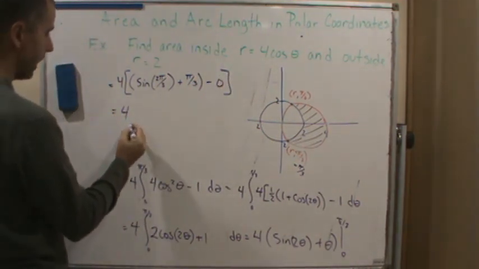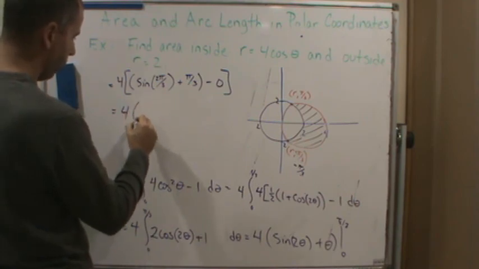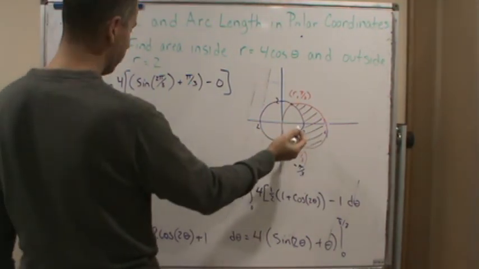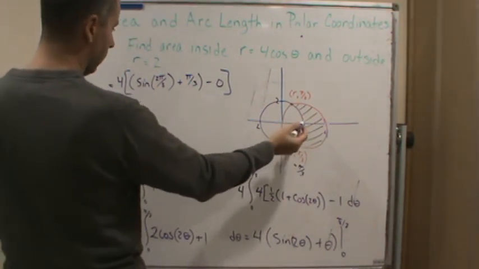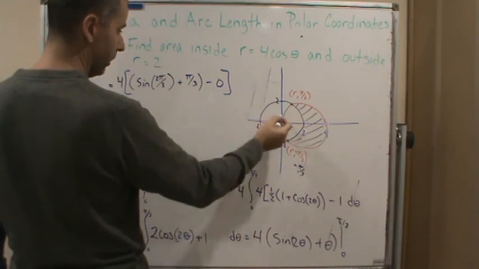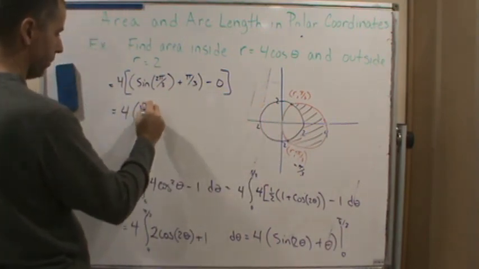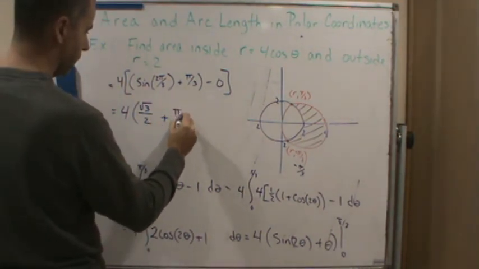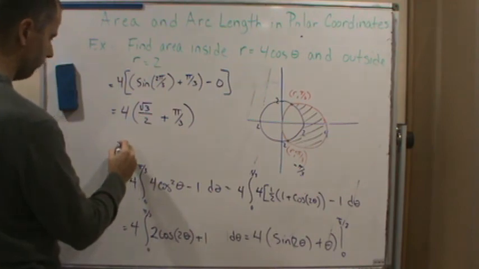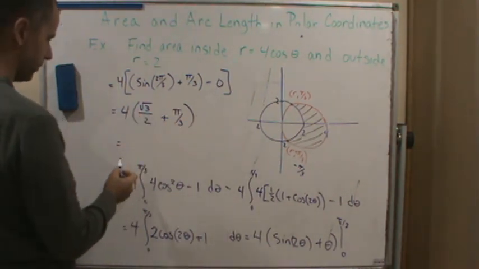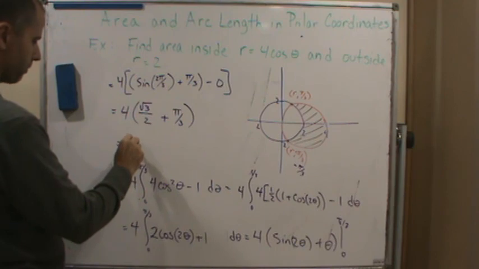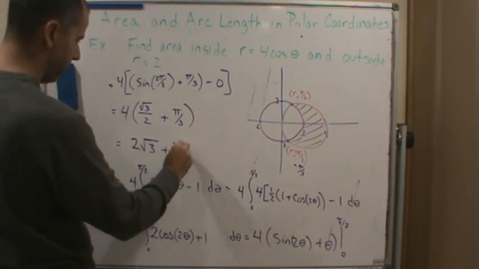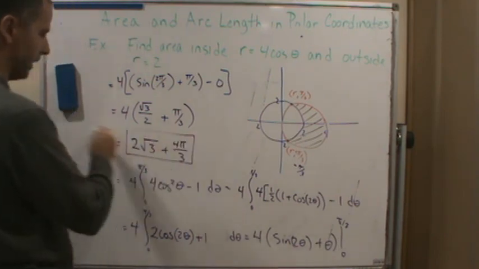So I'm going to get 4 times, well, the sine of 2 pi over 3, where is 2 pi over 3? That's going to be over here. So that's going to give me square root of 3 over 2 plus pi over 3, which, if I multiply through, gives me 2 times the square root of 3 plus 4 pi over 3, which is the same thing that I got before.